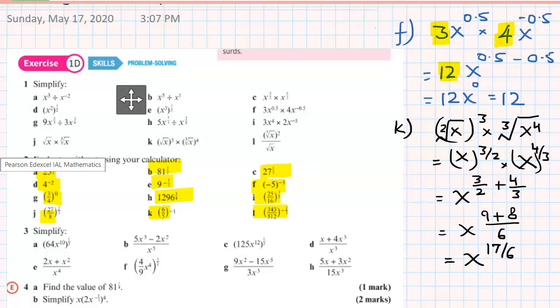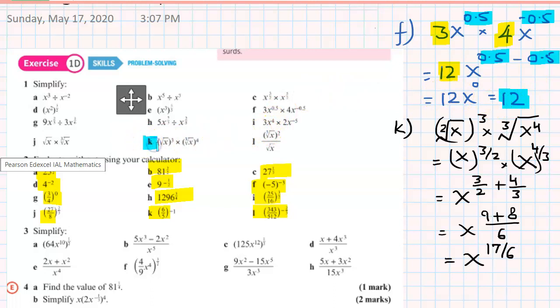Now there is a multiplication sign, so we add the powers, plus and minus is minus. So it will become x to the power 0.5 minus 0.5, that is 0. So this is 12x to the power 0, so the answer is just 12.